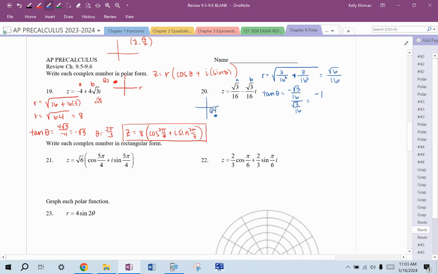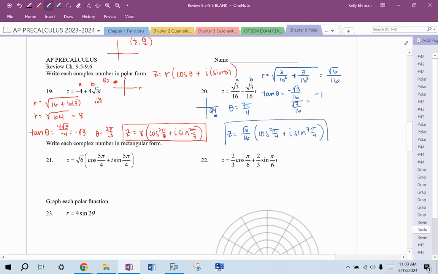So because we're in quadrant 4, we should be using the pi over 4 angle that's in quadrant 4. So theta is equal to 7 pi over 4. And then our complex number here is radical 6 over 16 times the cosine of 7 pi over 4 plus i times the sine of 7 pi over 4.